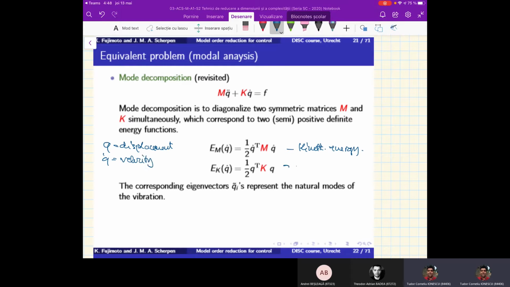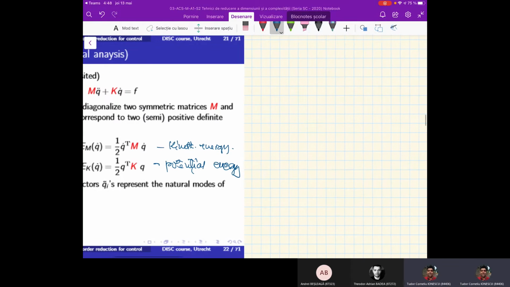The kinetic energy is given by the velocity of motion, not by the damping, and the potential energy is given by the displacement of motion, meaning the position of the body while it's moving.